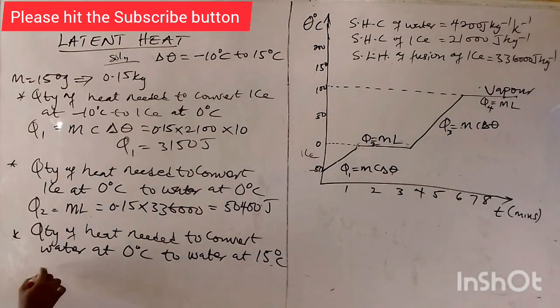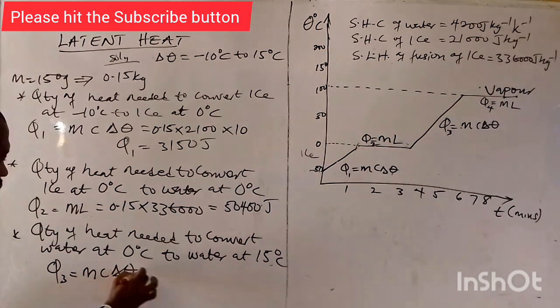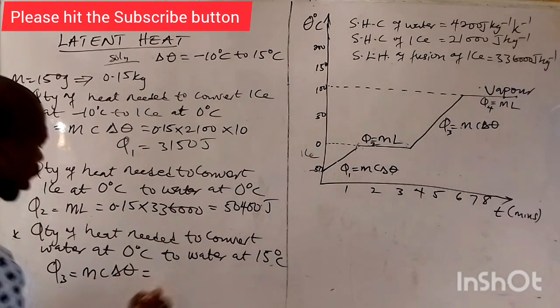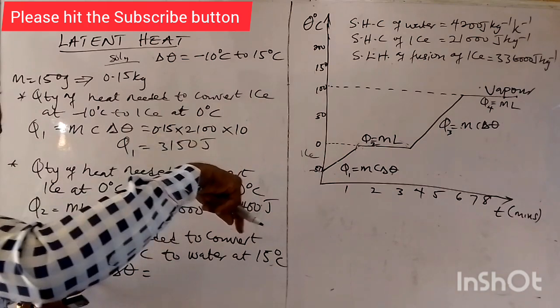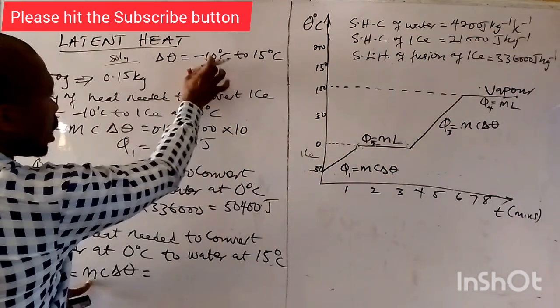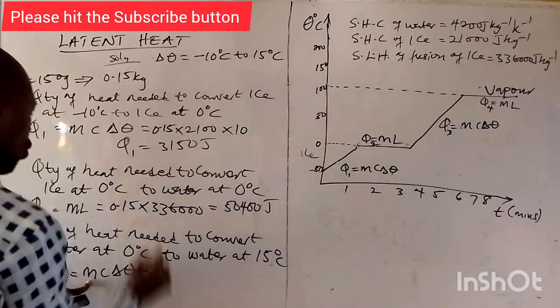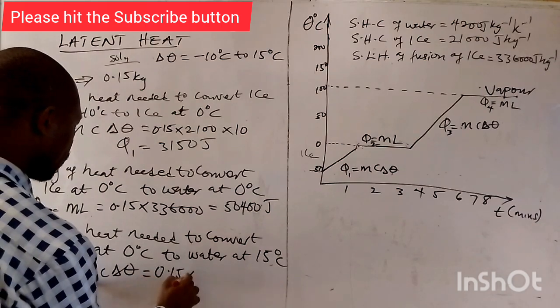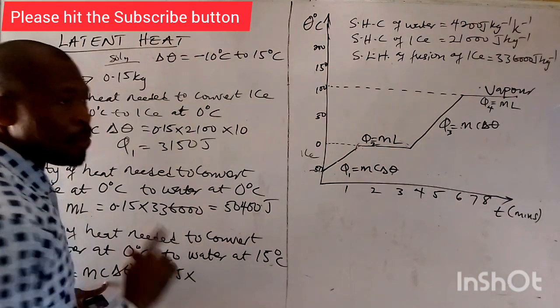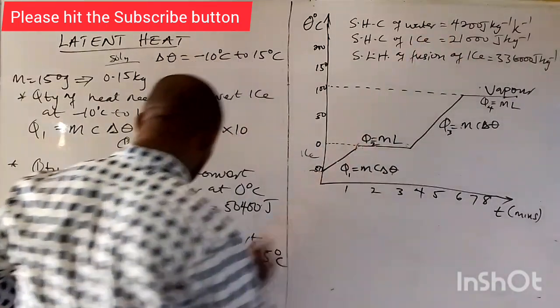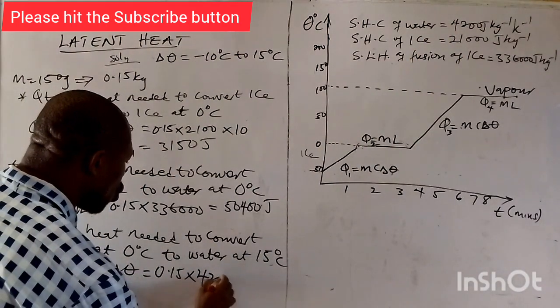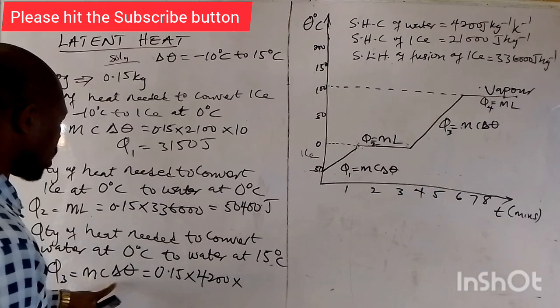It will give us Q3 equals mc delta theta at this point, which will give us the mass of water, which is still the same mass as the ice, 0.15, times specific heat capacity of water at this point, 4,200, times temperature change.